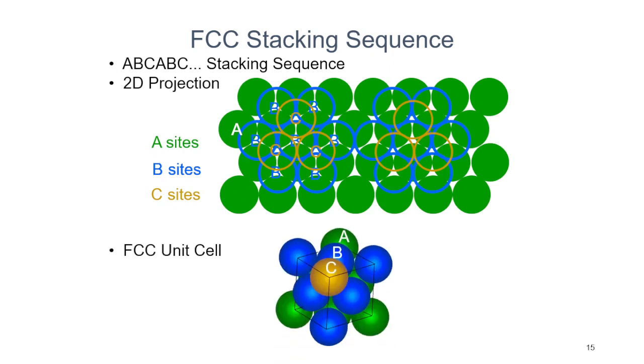You see, you have the A site, then there is a B site, and then there is a C site. So one part of the corner atoms come under the A site, the other part of the corner atoms will come under the C site, and some will come under the B site.